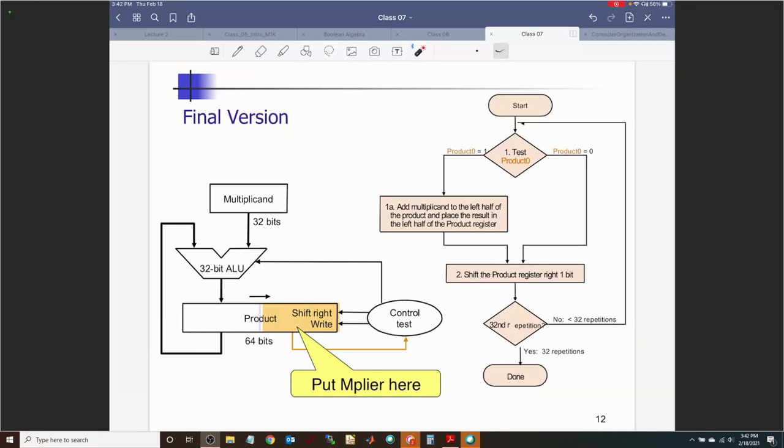Because if every bit is a 1, then I need 32 addition operations. So I'm using the 32-bit ALU 32 times, assuming that I'm doing this step 1A when each bit is 1. That's the max, but I'm doing this addition 32 times.